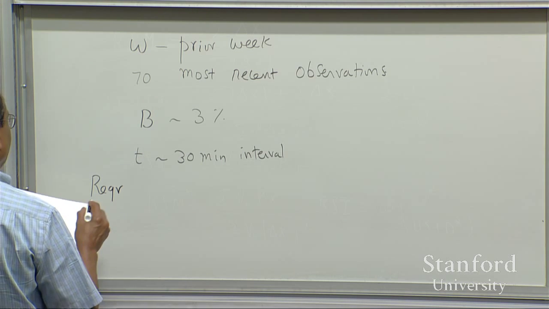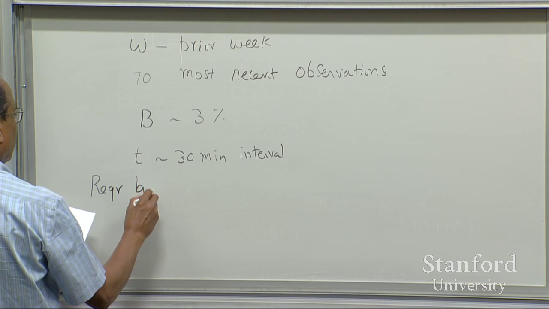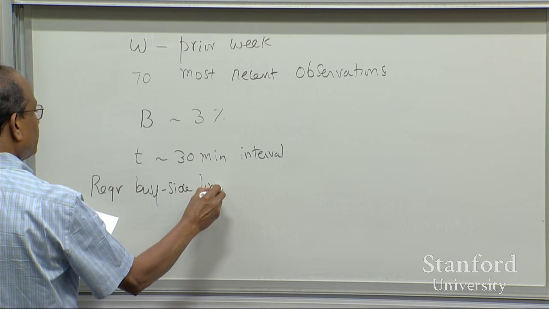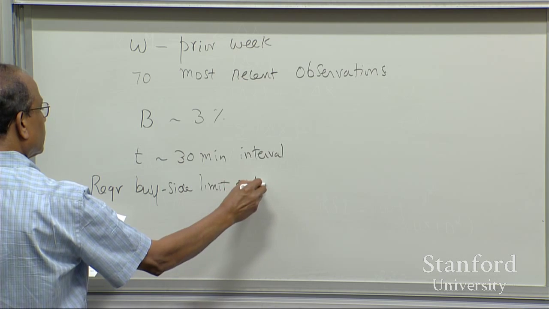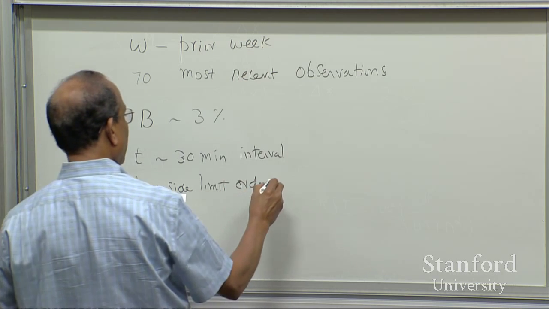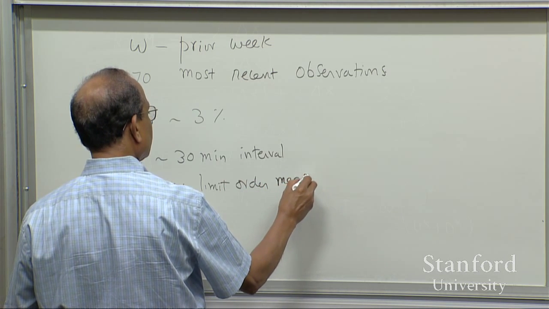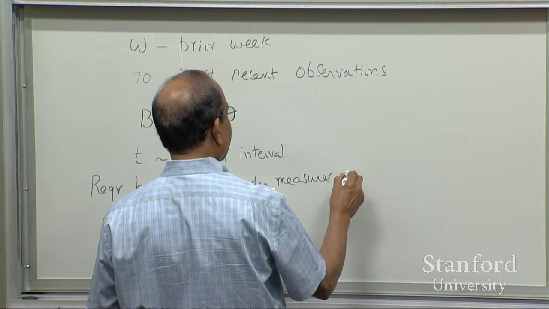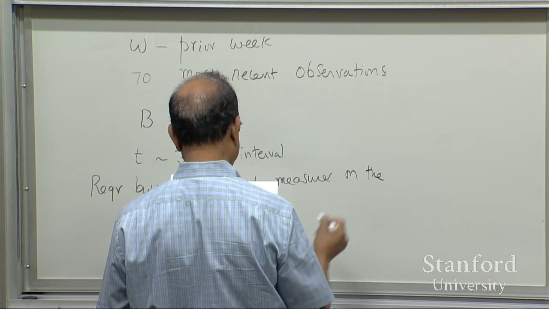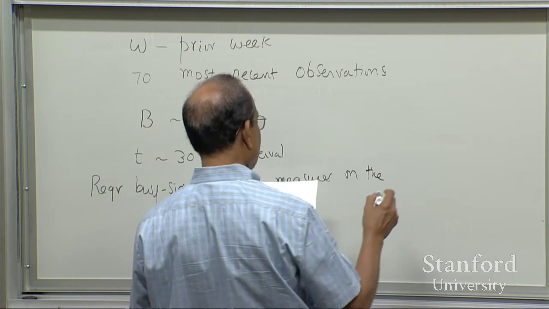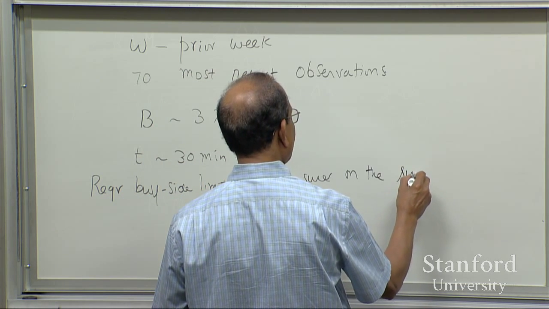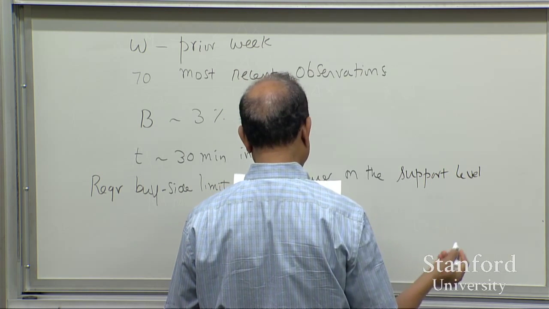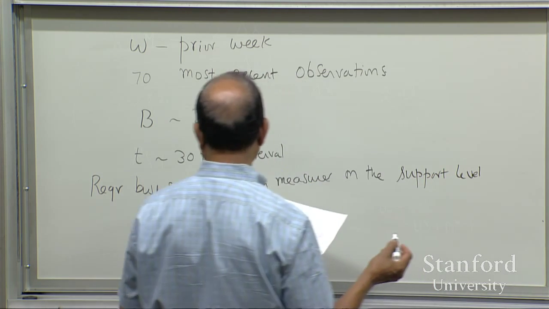Regress buy side limit order measures on the support level measures.